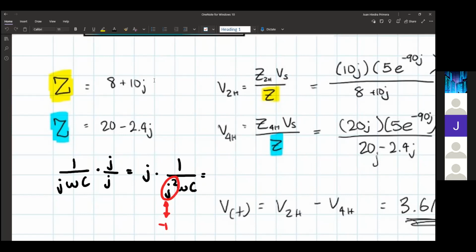So that's the same as negative j over omega C. So that's how we get the 2.4j with the j on top.